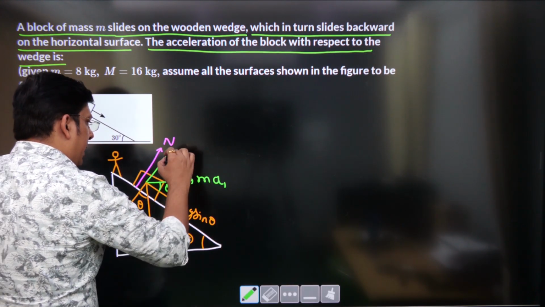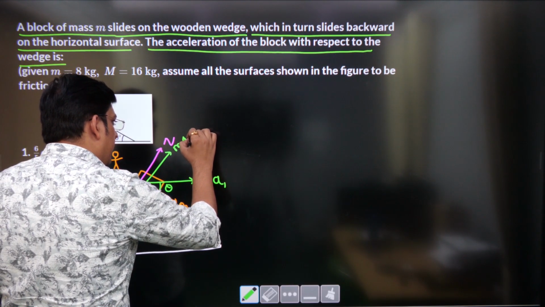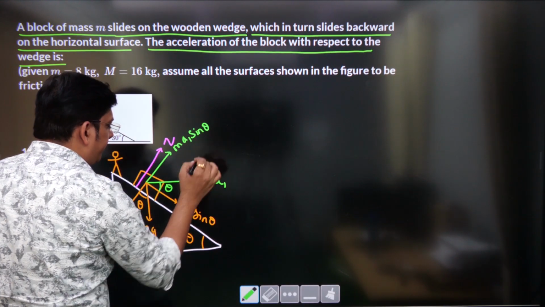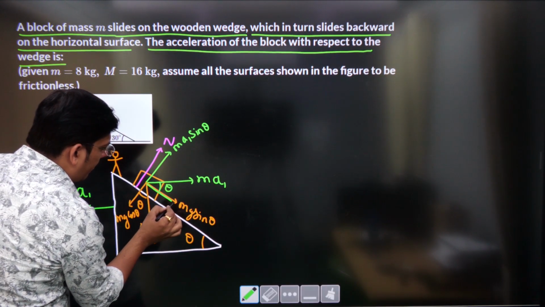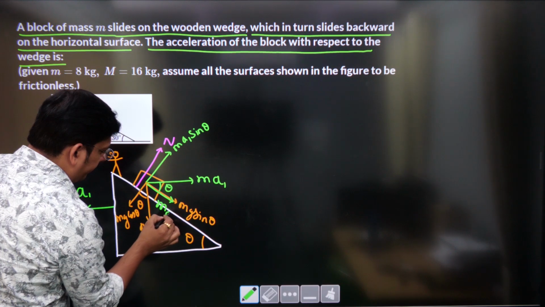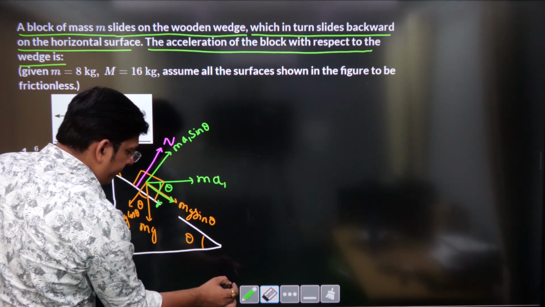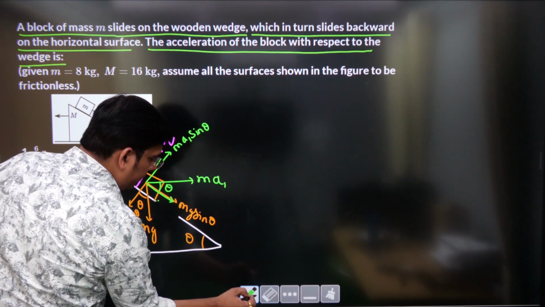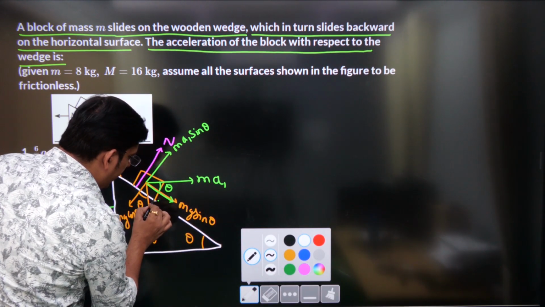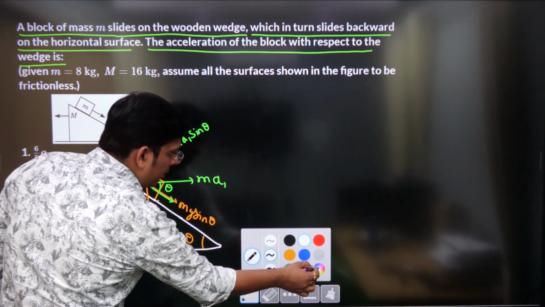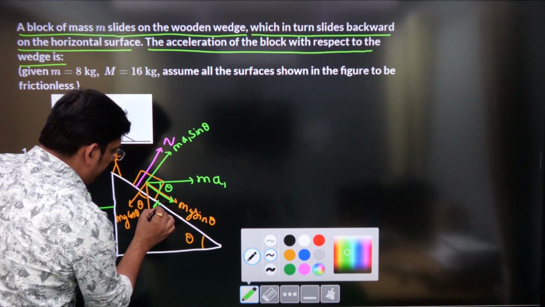Now the component of ma1 would be ma1 sin theta, dear students. And this component would be ma1 cos theta, which is down the inclined plane.